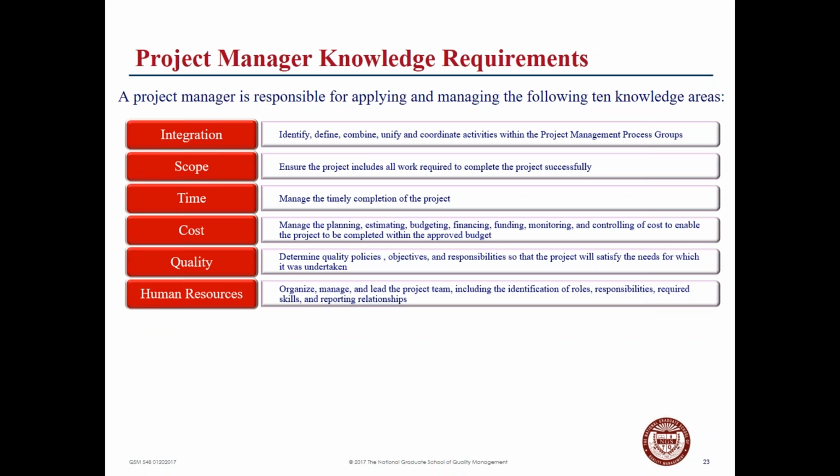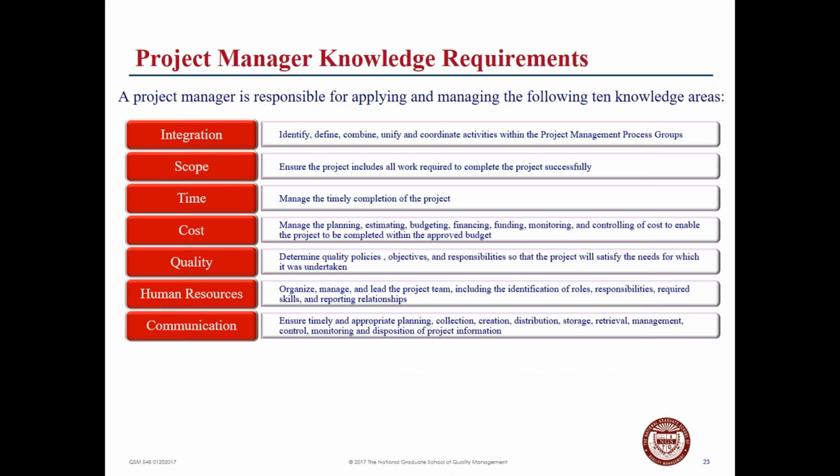The human resource piece talks about not only leading the team, what role and who's going to be responsible, and what are the skill sets that are needed for those various roles and responsibilities, as well as what's the chain of command, or the reporting relationship across the spectrum of our people resources. Communication, communication, communication.